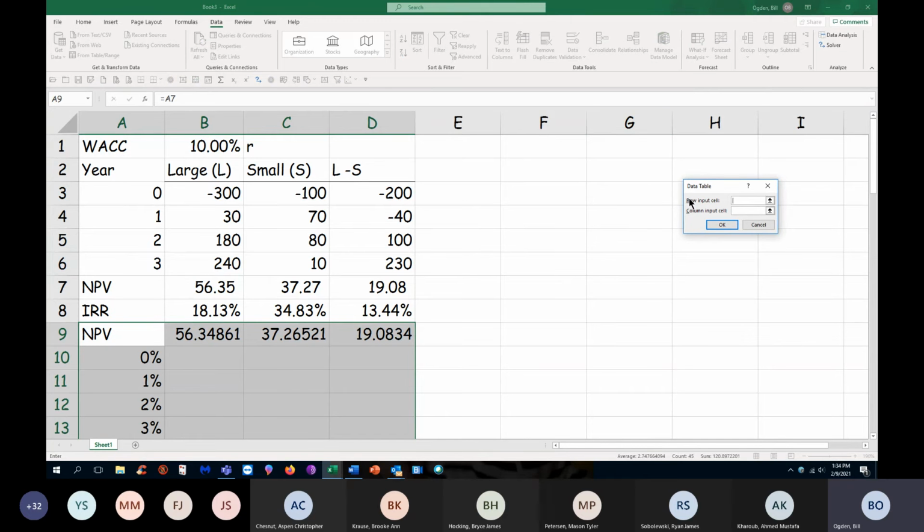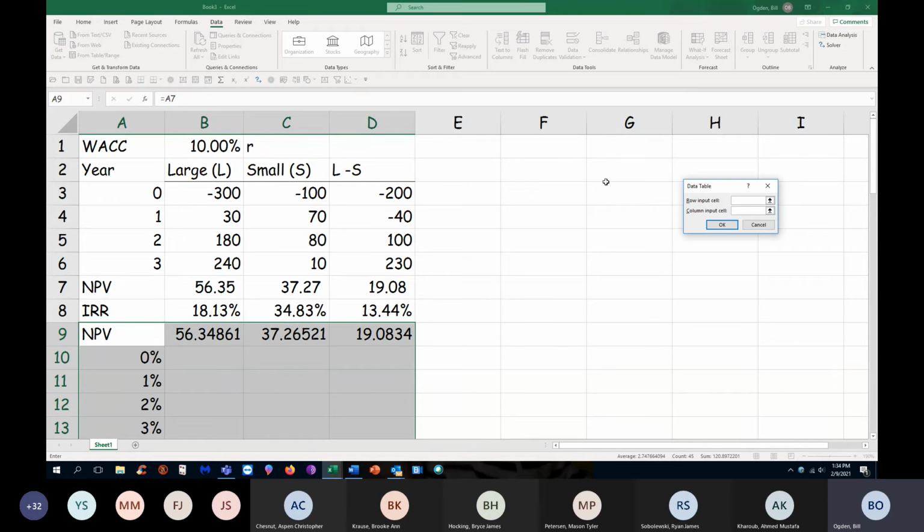Now, I won't get into all the details, but we can actually, like I have 1, 2, 3, all these different percentages here. I could have another criteria I'd like to change. But instead, I'm going to change these discount rates for these 3 different calculations. So skip the row input, go down to the column input.